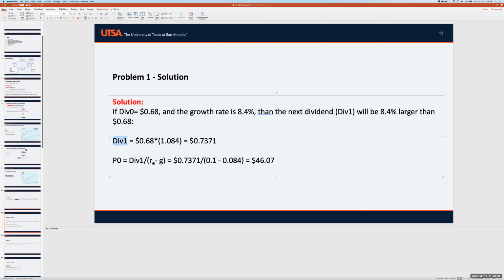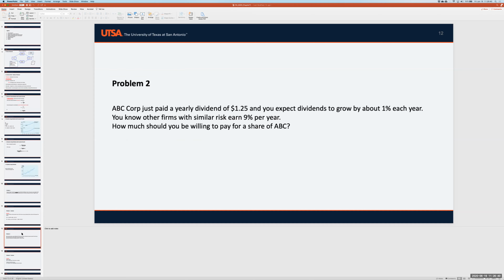Straightforward. Okay, so question 2. ABC Corporation just paid a yearly dividend of $1.25, and you expect dividends to grow by about 1% each year. Other firms with similar risk earn 9% per year. How much should you be willing to pay for a share of ABC?